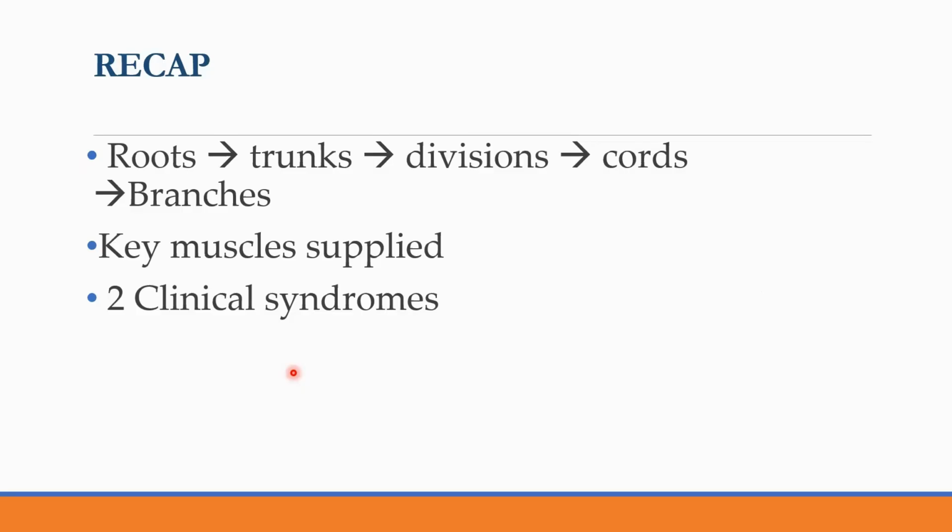The key muscles supplied will be the upper limb muscles, which will be dealt later. We have 2 clinical syndromes which we have studied today, that is Erb's paralysis and Klumpke's paralysis. We have seen the cause and the deformity seen in each syndrome and also the clinical features.